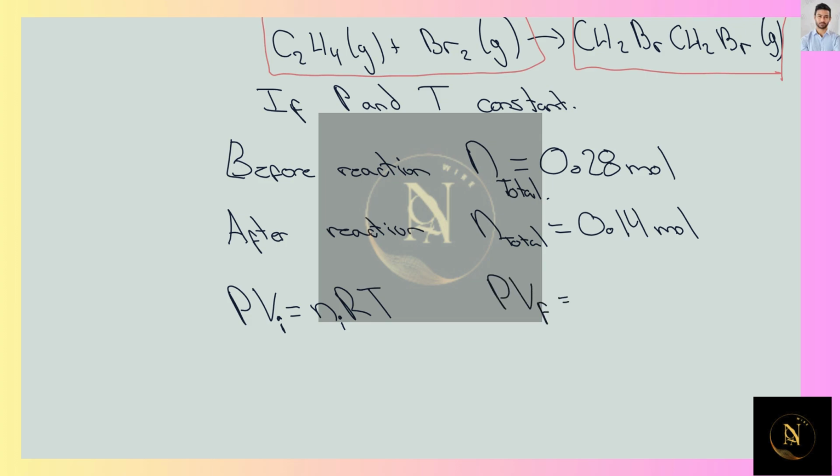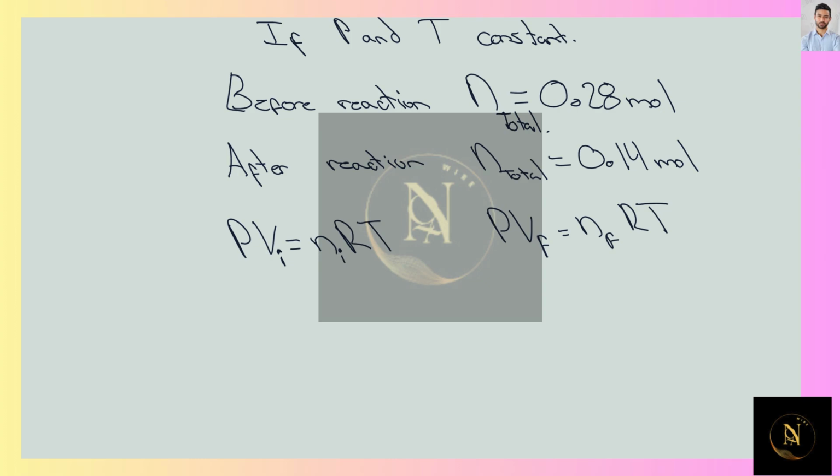V final equals n final RT over P, right? And what we want to solve for? We want to solve for the final volume, correct? So from equation 2, we get that the final volume is n final RT divided by the pressure, correct?